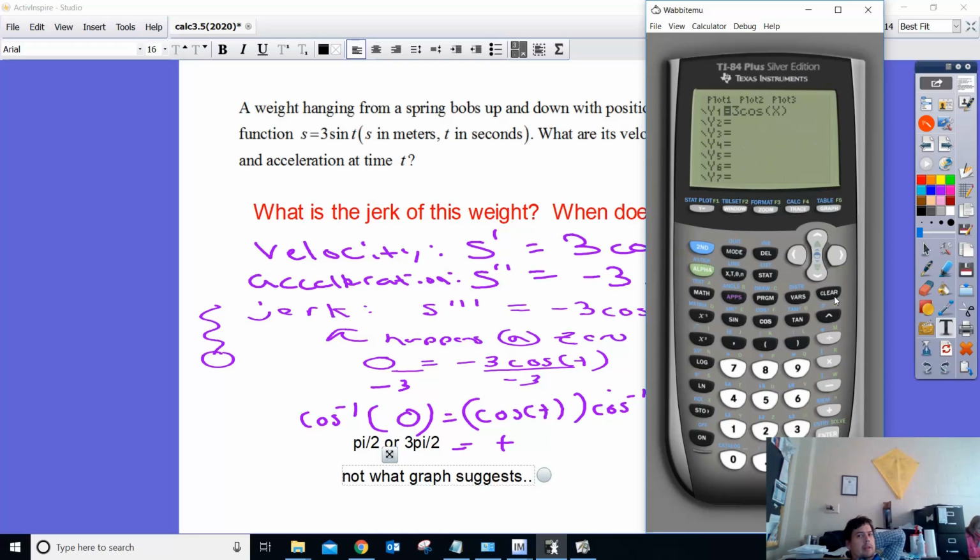Let's take a look at the derivative. The derivative's graph was -3 cosine of x. Is this still suggesting the jerks are in the same place?